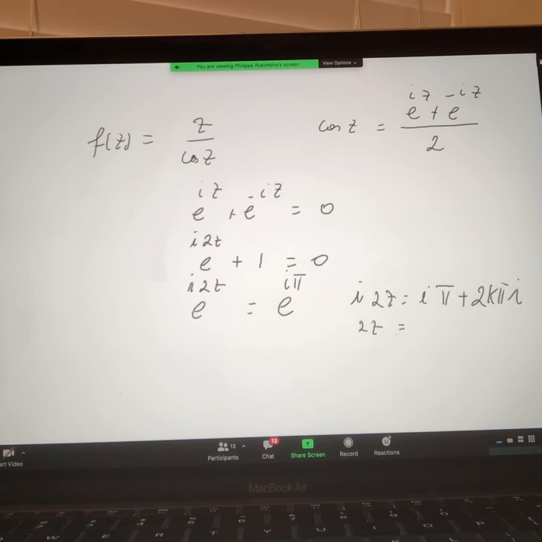So 2z must be pi, and when you divide by 2, you see pi half. So these are the singularities, these are the poles. And you can see none of them make sine z 0, so it's a simple pole, multiplicity 1.